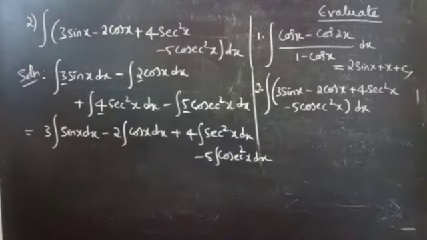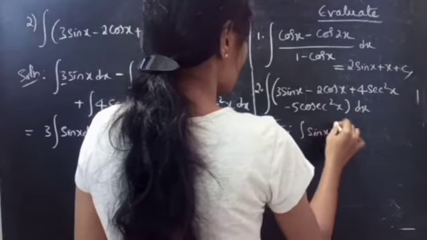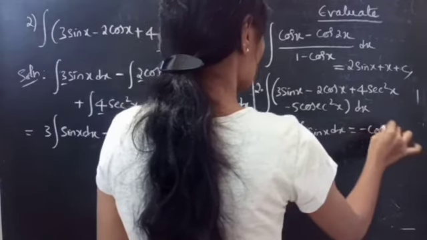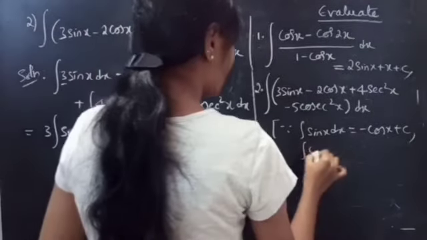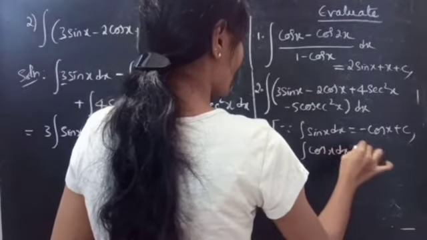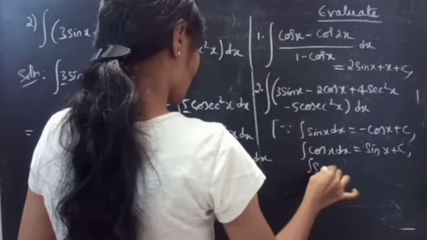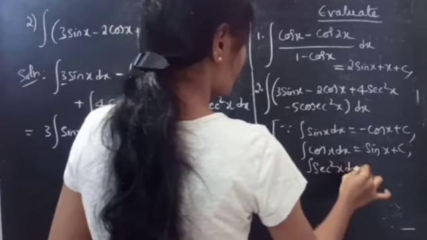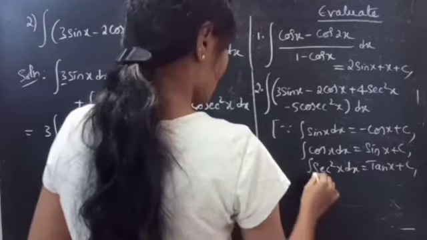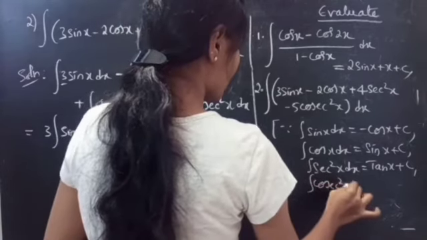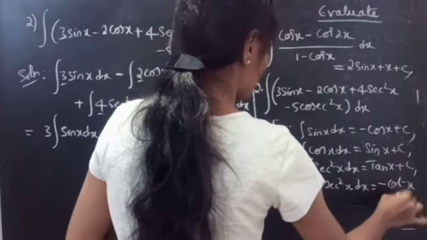Since we know that integral sin x dx equals minus cos x plus a constant, integral cos x dx equals sin x plus a constant, integral secant square x dx equals tan x plus a constant, and integral cosecant square x dx equals minus cot x plus a constant.